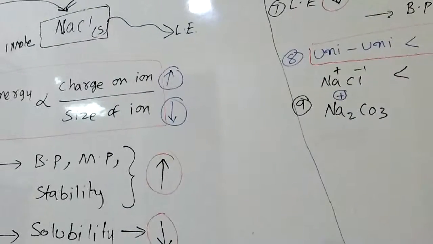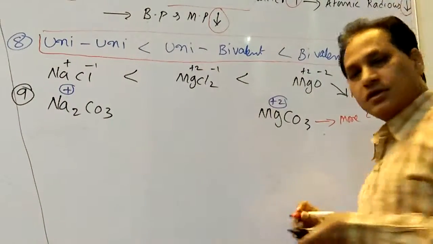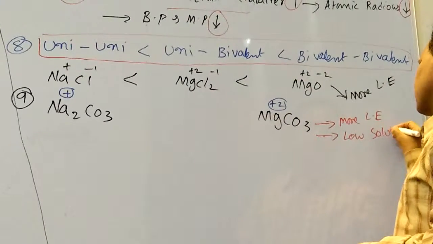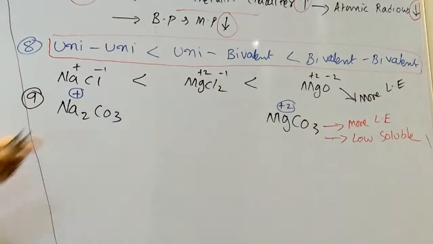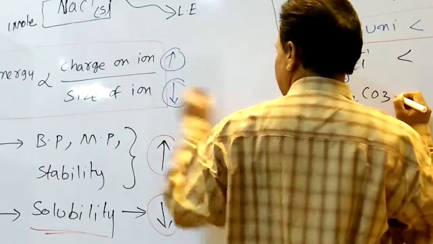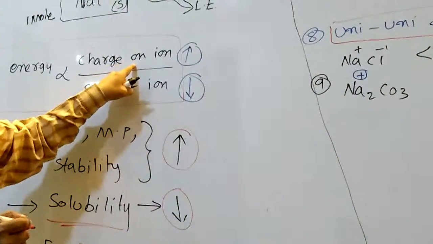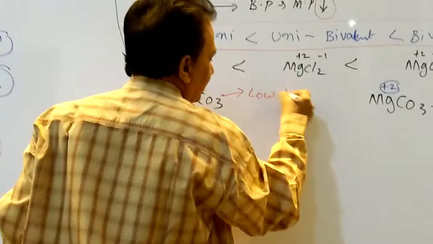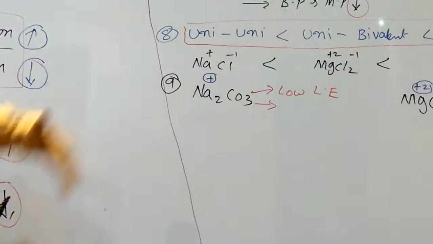So MgCO3 has more lattice energy and low solubility. Na2CO3 has plus charge; charge decreases, so lattice energy decreases. Here low lattice energy, inversely proportional.